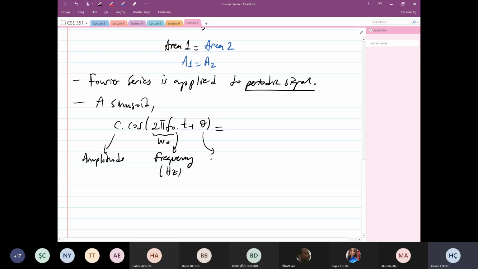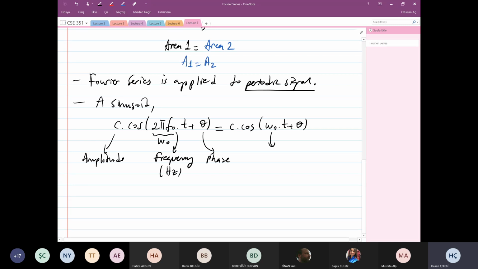This theta is called the phase of the sinusoid. We can rephrase this sinusoid in terms of radian frequency, which is omega 0 times t plus theta.